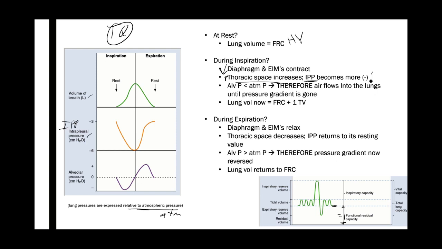The inverse relationship. And we see this here, we're increasing the volume in the lungs. We're also increasing the space in the thoracic cavity, so the intrapleural pressure becomes more negative. Okay, that's very important.